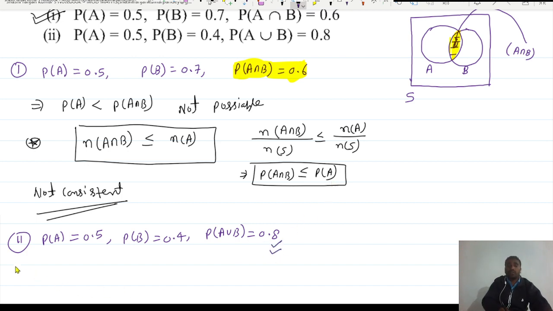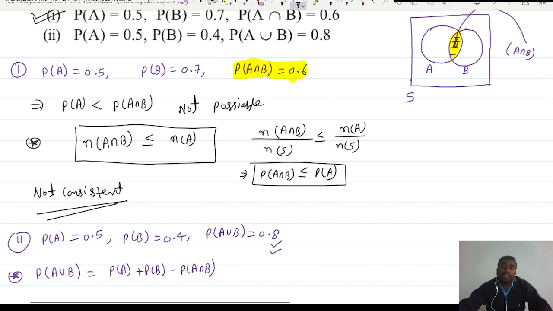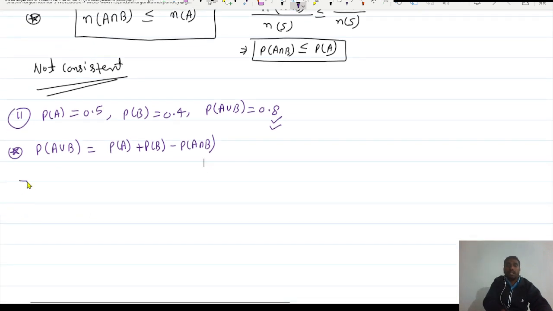If you want to find the intersection value, you can calculate it. The formula is P(A union B) equals P(A) plus P(B) minus P(A intersection B). So P(A intersection B) is P(A) plus P(B) minus P(A union B).